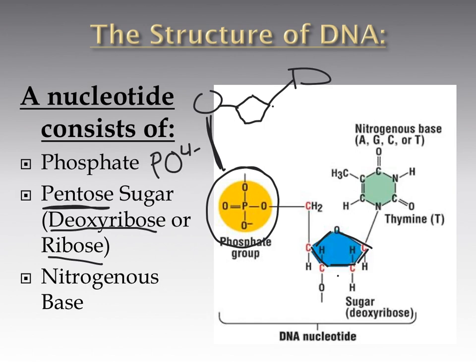On one side the sugar is connected to the phosphate group, and on the other side it's connected to a nitrogenous base. Again, review, there are 4 nitrogenous bases: A, T, G, and C. We call them nitrogenous bases because there's nitrogen here, and each has a slightly different structure from one to the other.